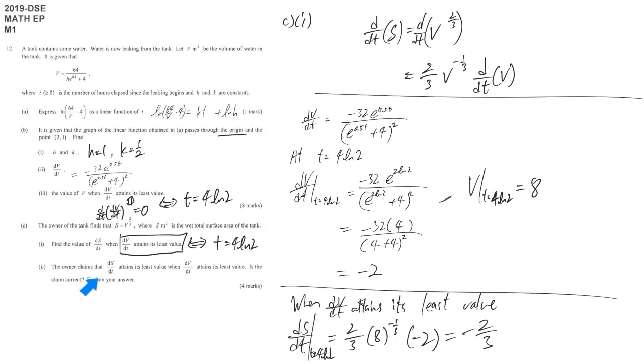In the final part, someone claimed that ds/dt attains its least value when this attains its least value. So you better simplify the condition. When this attains its least value, that means when t is equal to 4 natural log 2. We already applied that a few times. But what is the meaning of when this attains its least value?